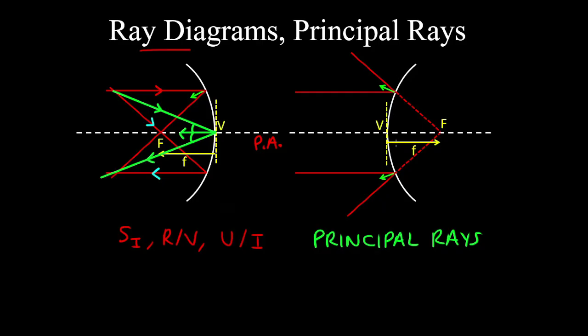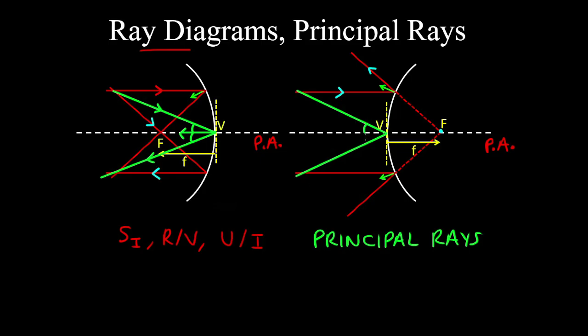So here in the case of the convex mirror, we have a principal ray being parallel to the principal axis. So the reflected ray ends up going in this direction. And if you extend this reflected ray, it goes through the focus, which is behind the mirror. And the other principal ray looks like this for a convex mirror.